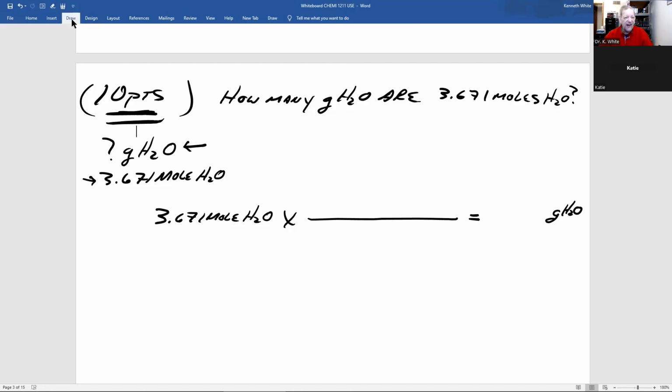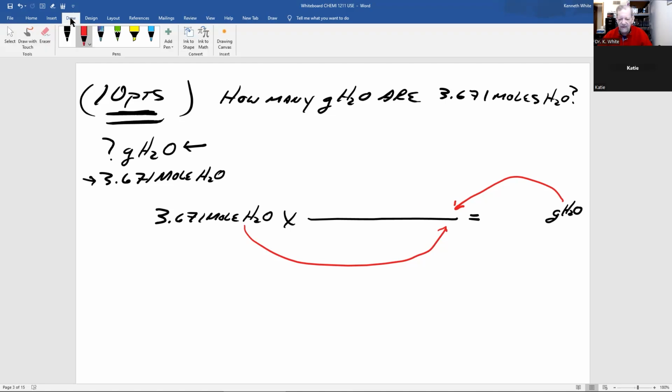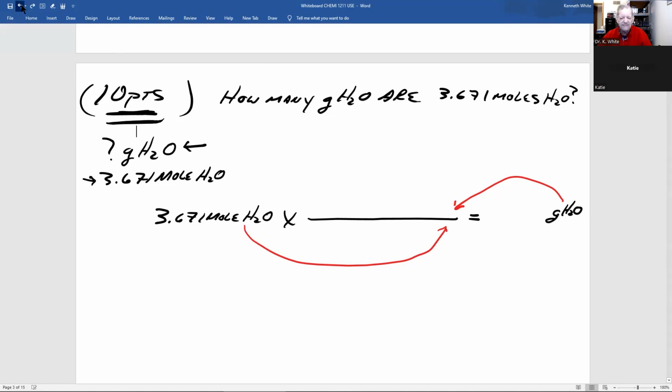And how do you do that? Whatever you're trying to get to, the units go on top, and whatever you're trying to get rid of, the units go underneath that ratio.